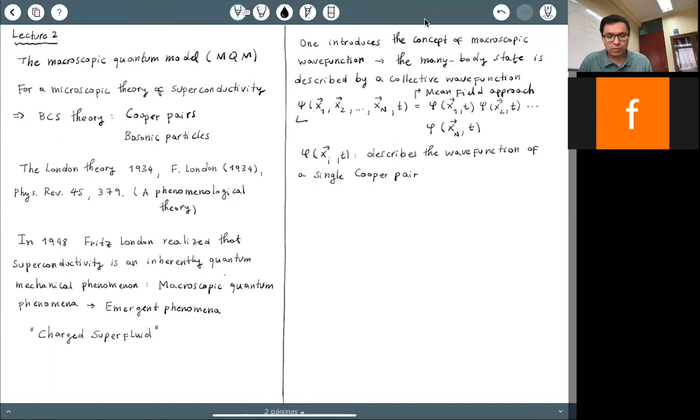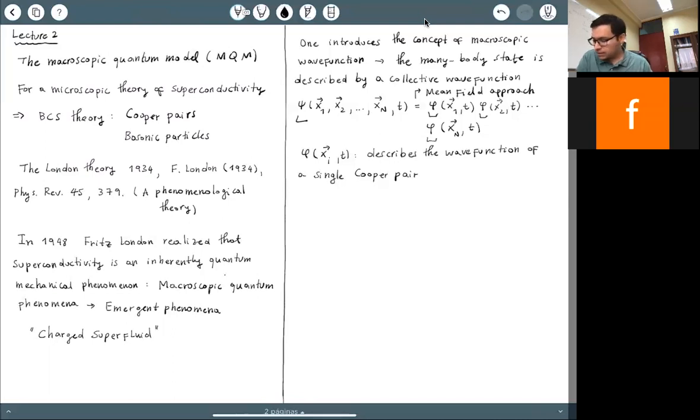For people that know more or less quantum information theory, we don't have entanglement between different Cooper pairs exactly. Okay, but instead you see that there is exactly the same wave function here for describing any of the Cooper pairs that form the superconductor structure.